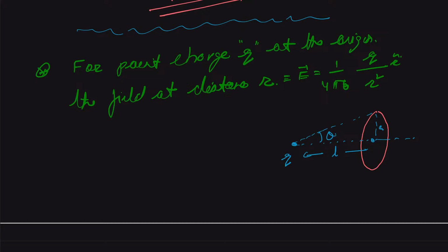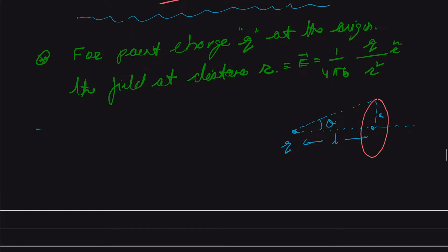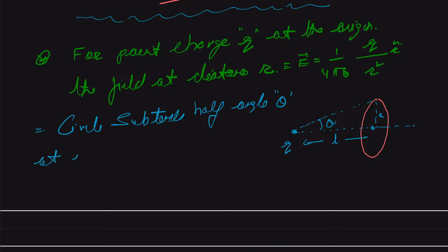So we can say the circle subtends a half angle theta at the charge.